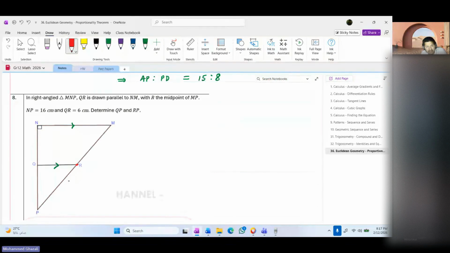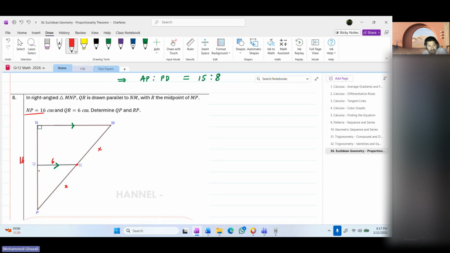It means that this is x and this is x, right? NP is what? NP is 16. Oh, you got to use the midpoint theorem. NP is equal to 16. The entire distance is 16. Let me write 16 on the outside here, right? QR is 6, and determine PQ and RP.